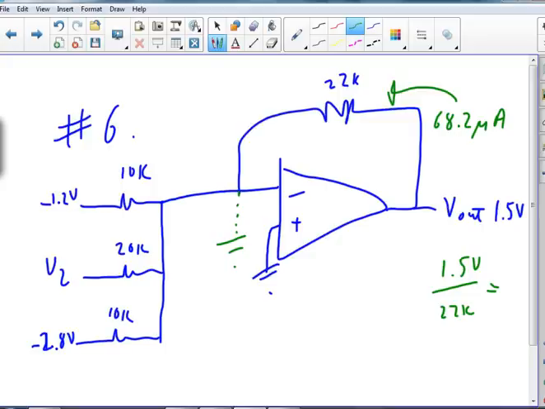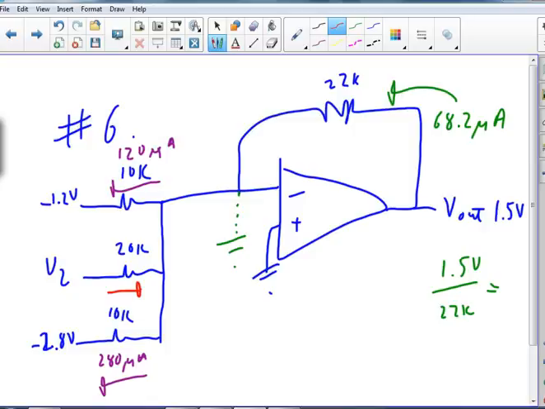Alright, now from the previous problem, we remember maybe, if we're lucky, that we have 120 microamps flowing that way, and we have 280 microamps flowing this way. So in order to do that, how many amps do we need coming to this guy in order to make that amp up?